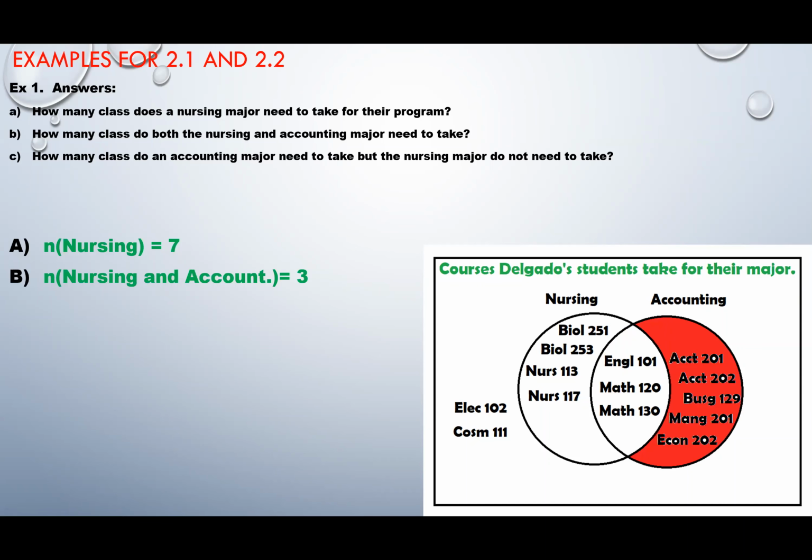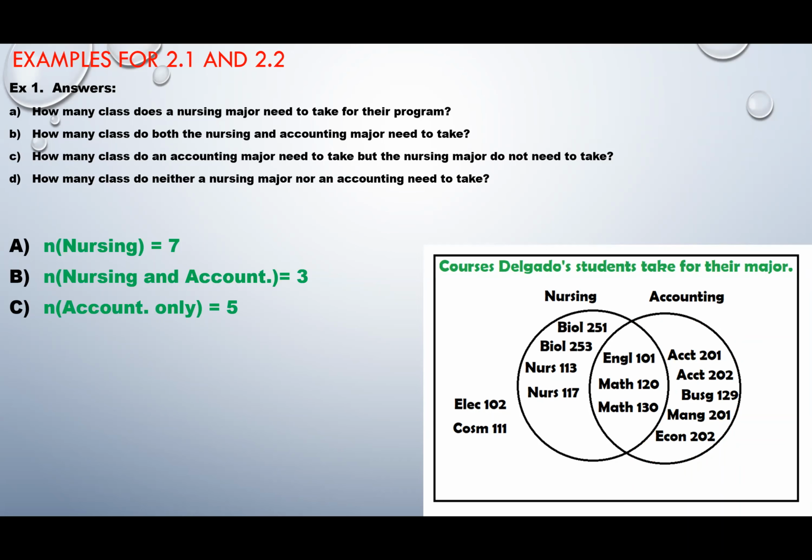Do you agree that it is Accounting 101, Accounting 201, Accounting 203, Business, Management, and Econ, economics. Looking at this here, we can see that there are 5 courses that the accounting major can take, but the nursing major does not need to take. They can take it, but they don't need to take it for their major, right?